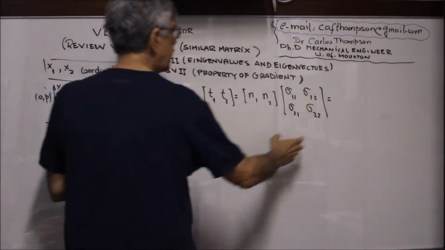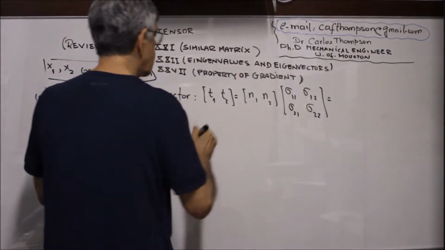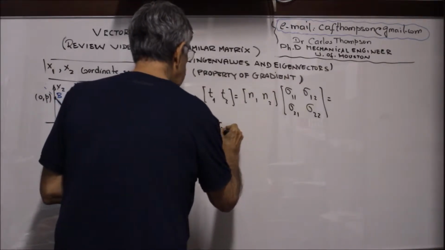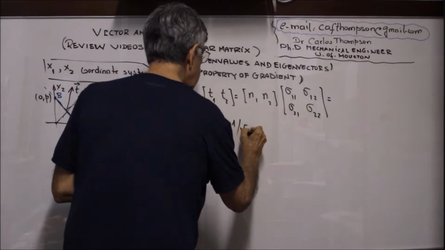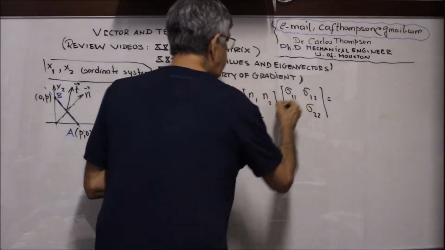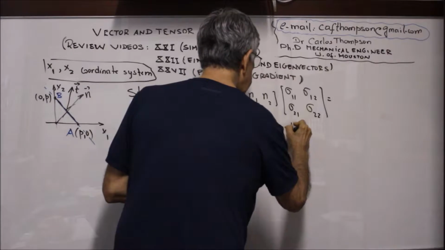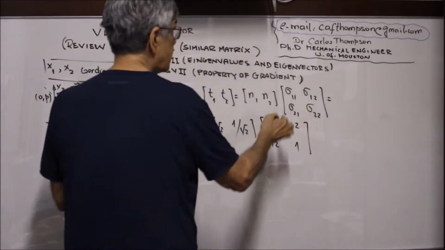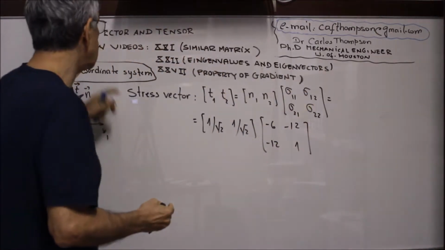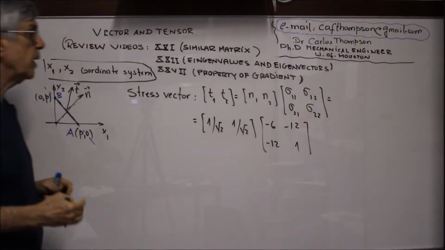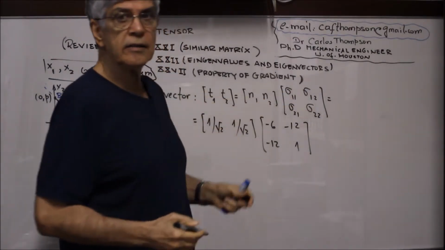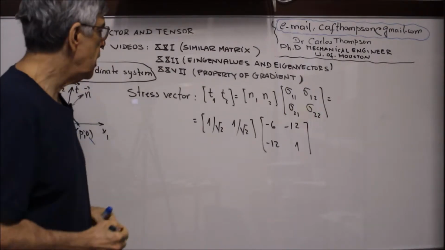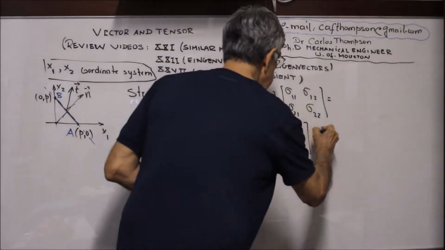And this is the given stress tensor. So this will be equal to 1 over square root of 2, 1 over square root of 2. Now the matrix is minus 6, minus 12, minus 12, and 1. This is a symmetric matrix because the stress tensor sigma ij is equal to sigma ji, which means it's symmetric. Now let's do this calculation.